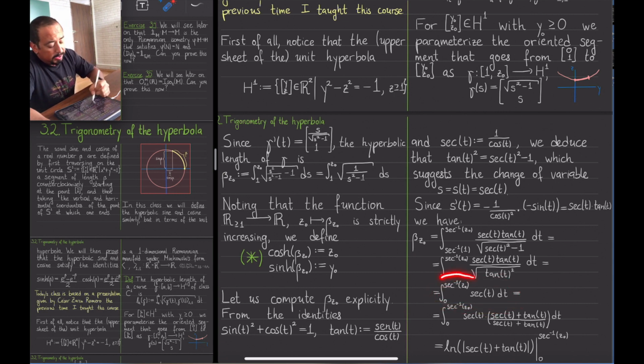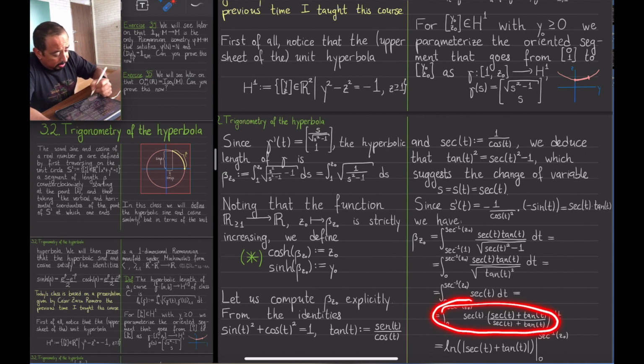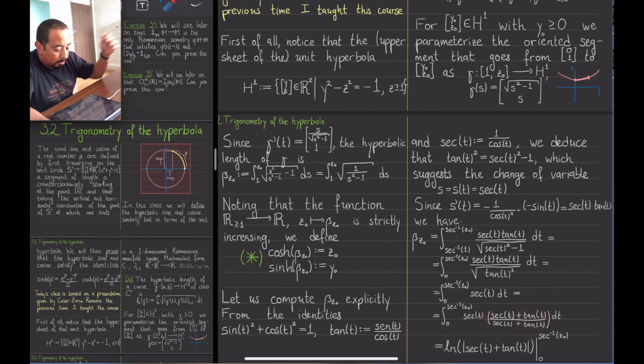And then here is kind of an integral that one computes in Calc 2, right? But let's do that. For that, one sees that the derivative of secant is secant times tangent. So we want secant times tangent to appear, but then we multiply and divide, and then we fix it because we see that there are some other things that appear.